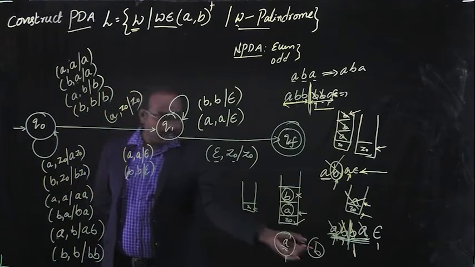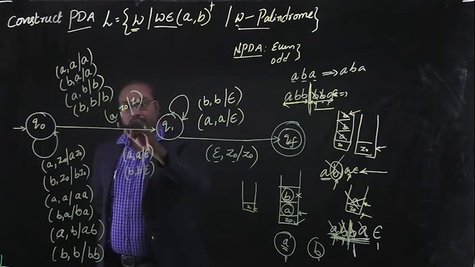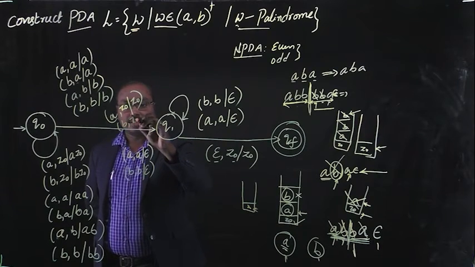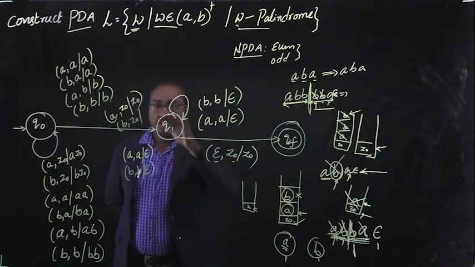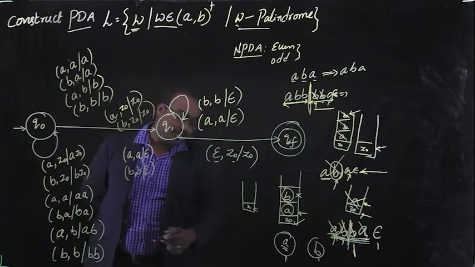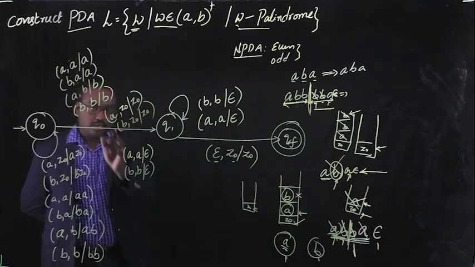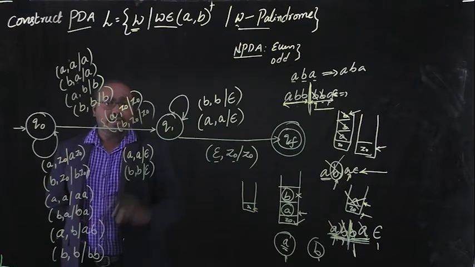If the input symbol is B and the stack's top element is Z0, then leave that Z0 as Z0.